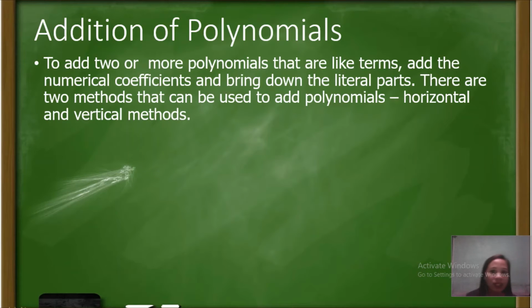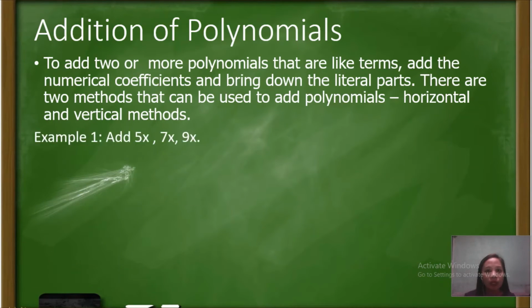So, ano yung sinasabi niya? If you're going to add two or more polynomials that are like terms, when we say like, they have the same variable with the same power. You're just going to add the numerical coefficients and bring down the literal parts.